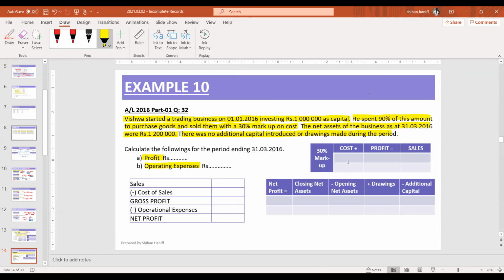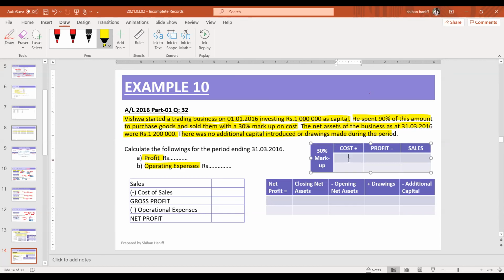Right. So let's find out the profit. Vishwa has invested 1 million and he spent 90% of this amount to purchase goods. So 90% of this is 900,000.